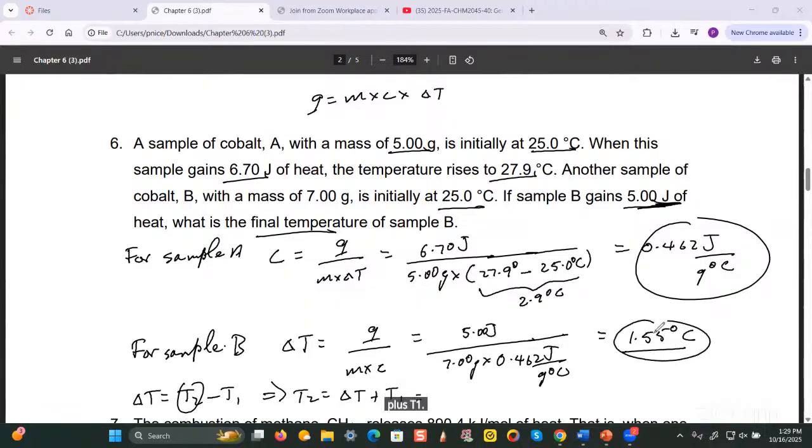Delta T, we just calculated, is 1.55 degrees Celsius, plus T1, which in the case of sample B is 25.0 degrees Celsius. Rounded off to 1 decimal place, that would be 26.6 degrees Celsius. And that's basically how that is done.